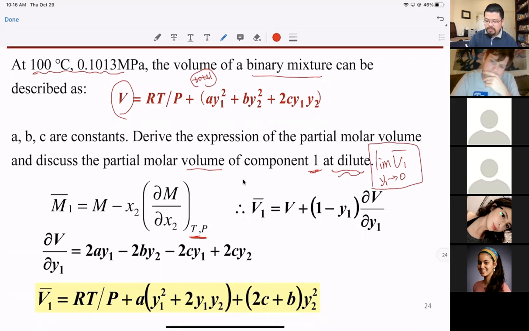That is something we are going to discuss in the end. So that is the dilute when you try to push Y1 goes to 0. So we have the total, and we need to look at the partial. We need to have the V1, we need to have the V2, right?